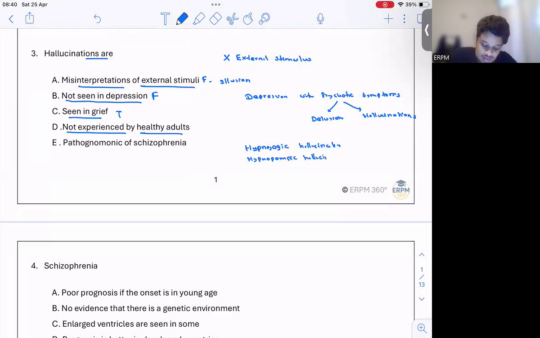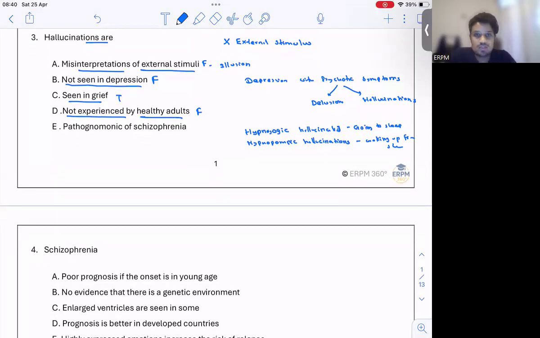These are seen even by normal people. What is hypnagogic? Those hallucinations you see when you are going to sleep. Hypnopompic means when you are waking up from sleep. So these can be seen even by healthy adults. So that is false.